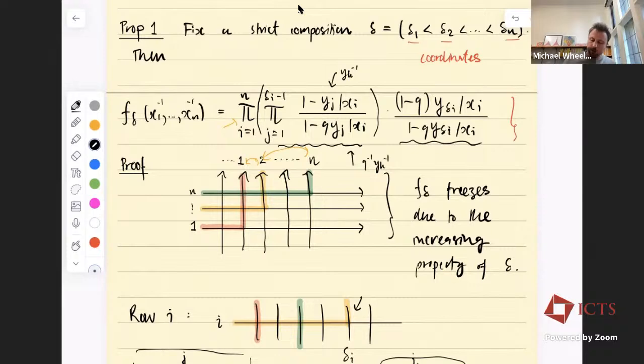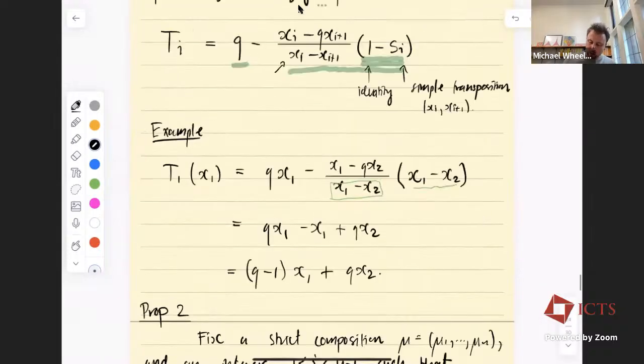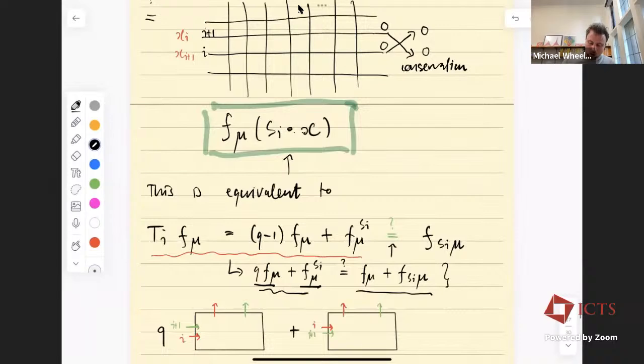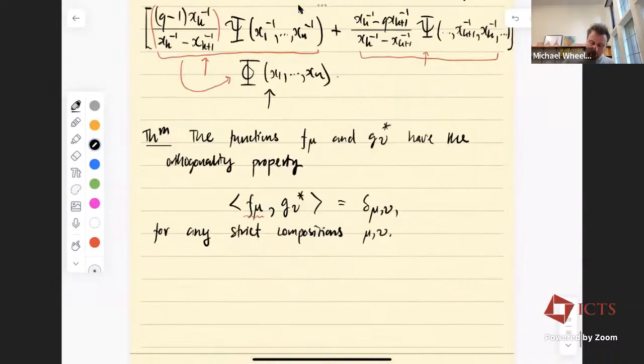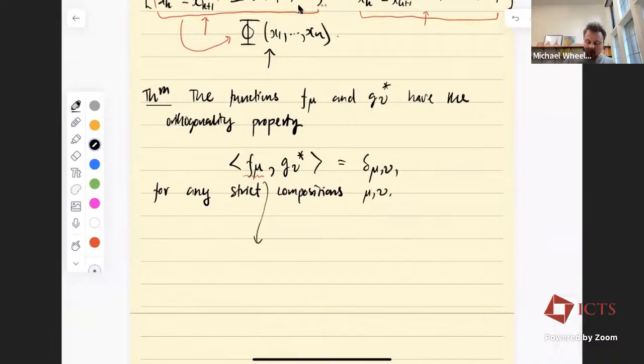So what happens in this kind of scalar product is that there's a competition going on between these two functions. This one is providing poles. The whole thing boils down to these ratios, 1 minus xi yk over 1 minus q xi yk. This shows up in both of these functions, and the exponent that it carries varies over all integers.